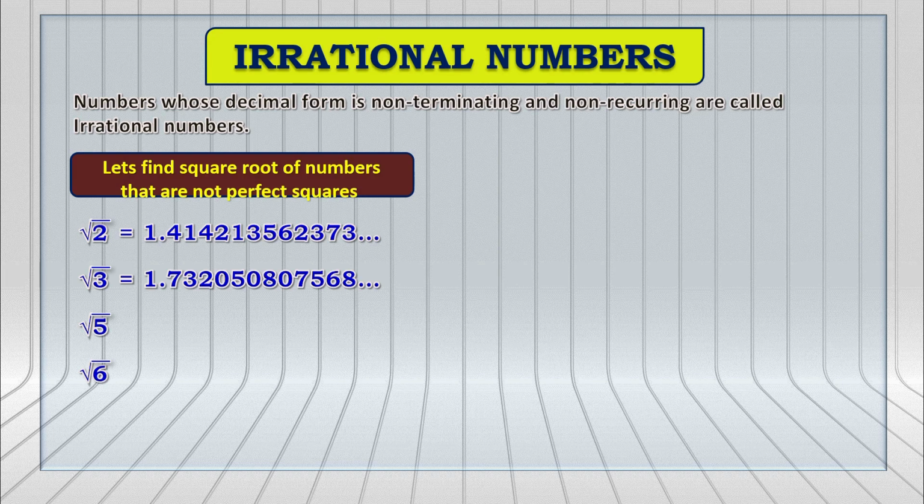Like root 3 is 1.732050807568 dot dot dot. This is also non-terminating and non-recurring. Now root 5 that gives you 2.23606797997499 dot dot dot. This is also non-terminating and non-recurring number.